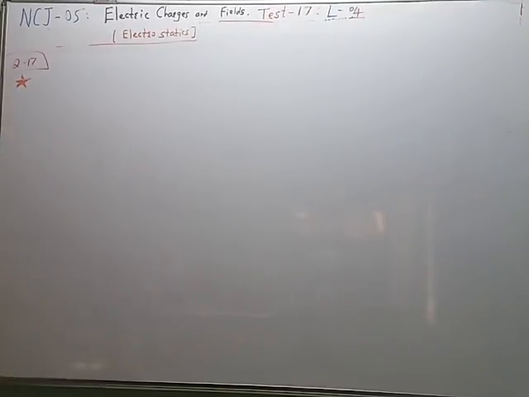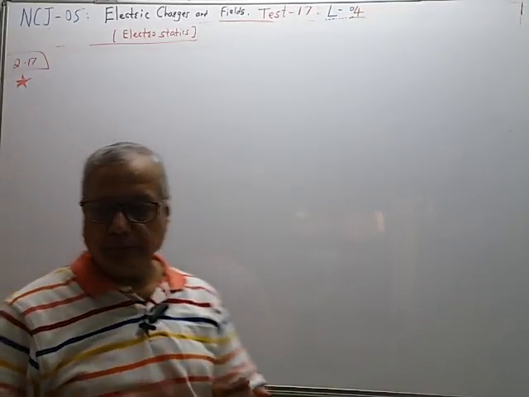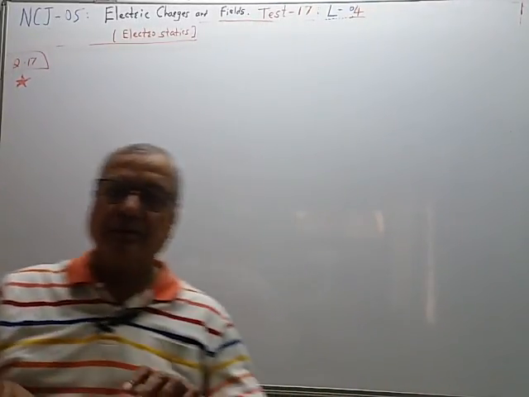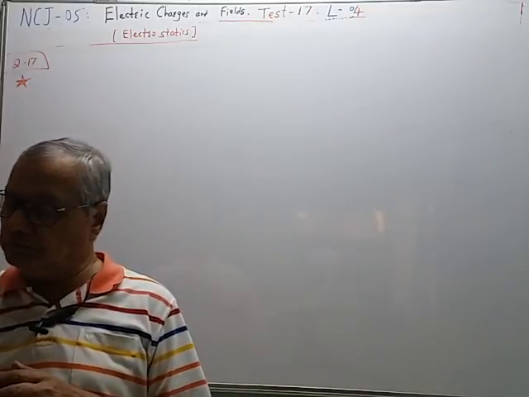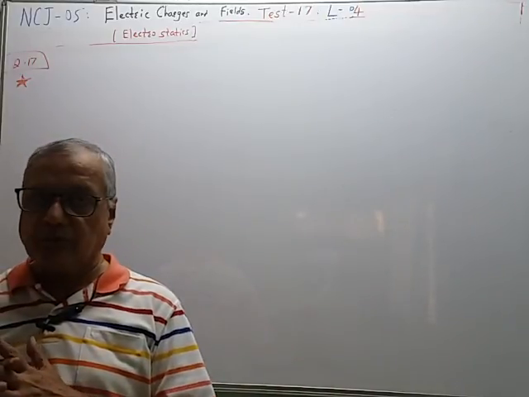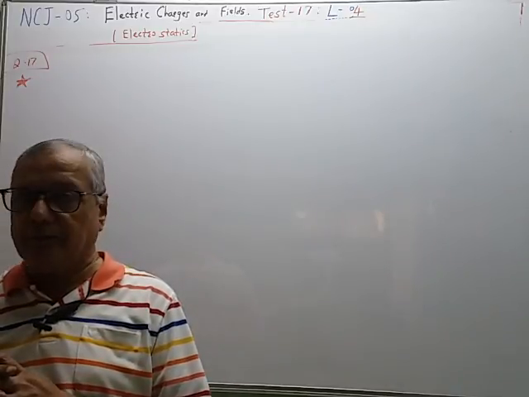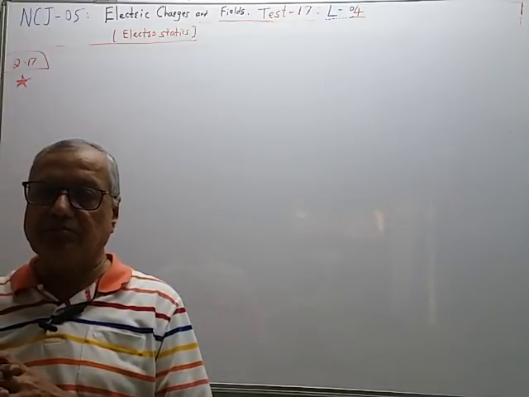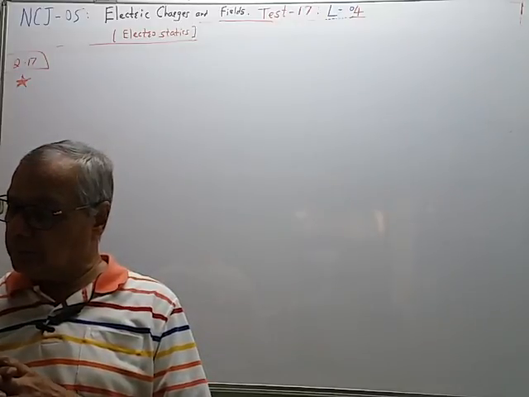Next question number 17. Actually, it is related with the oscillatory motion property. We will see that property in the chapter oscillation. But we can give that property directly. A wooden block performs SHM. SHM is a short form of simple harmonic motion. It is another name for oscillatory motion.